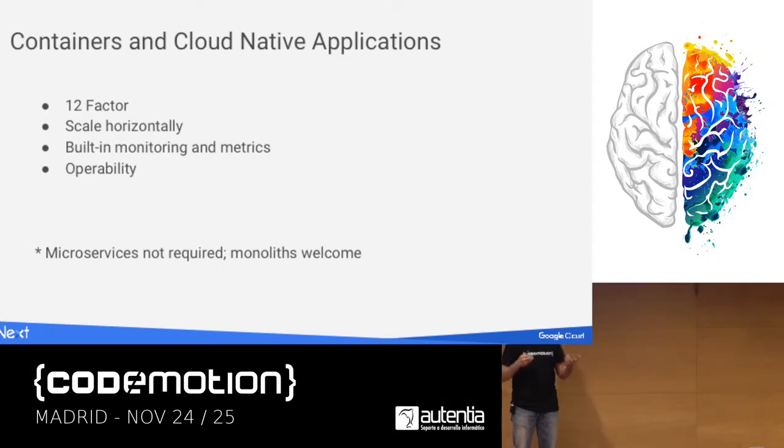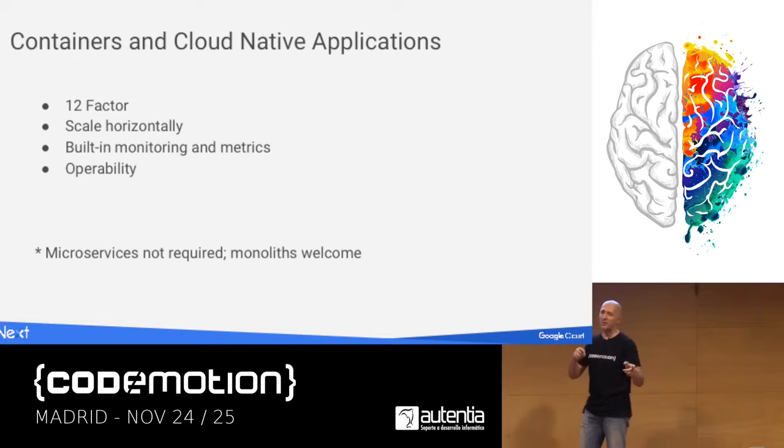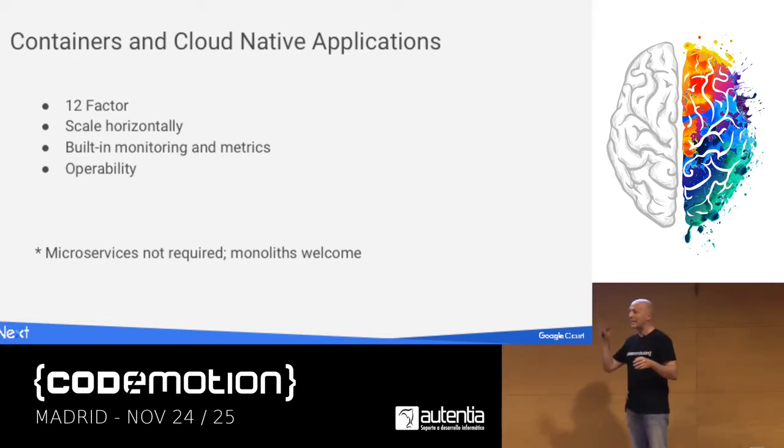Microservices, it depends on who you're talking to. And even at Google, when you're talking to different people that are all working with containers, you're going to hear 2 different stories: microservices are not a requirement for cloud-native applications, or microservices are a requirement for cloud-native. I am of the opinion that they are not required. Say you have an application that is living on-prem and is not cloud-native, and you're going to make it cloud-native.